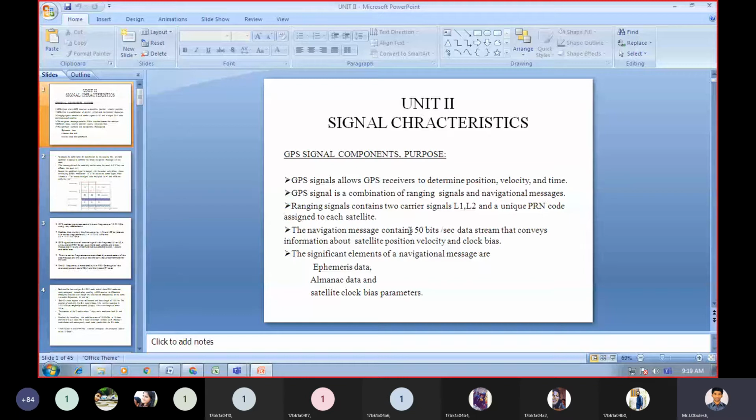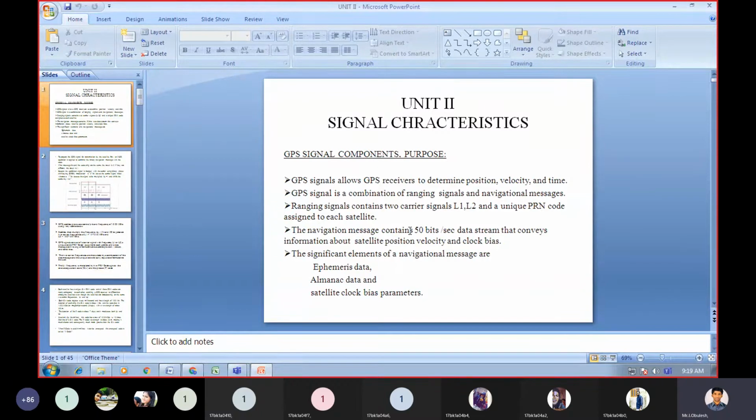By using it, you will be able to apply the C/A code or P code: the clear access, civil access or coarse acquisition code, and the precise or protected code. You need to assign these two codes to each and every satellite. These two are unique codes.